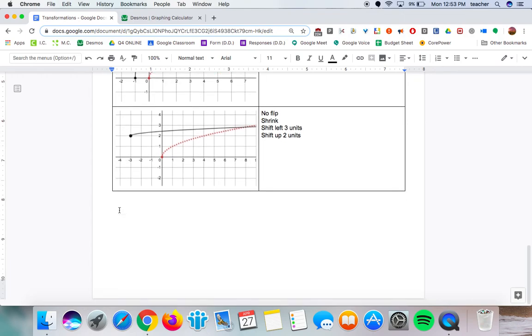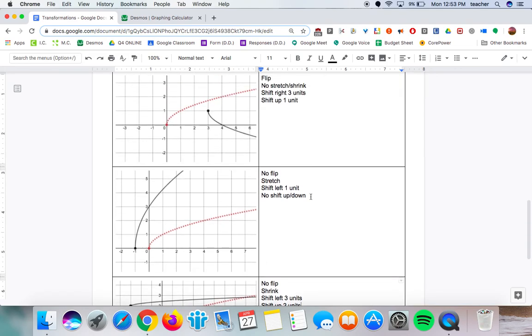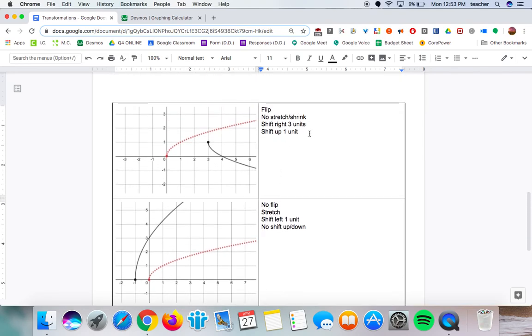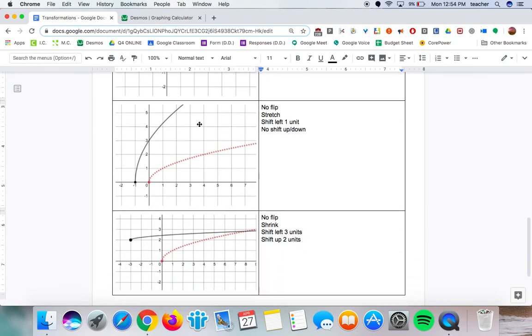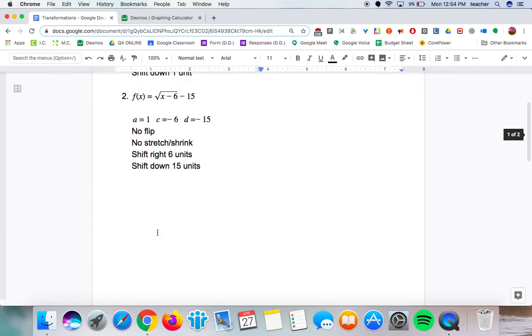And then I might also give them to you backwards. I might give you just this portion right here, and then I'd give you 4 graphs, and I'd ask you, which graph shows a flip, a shift to the right, and a shift up? So those are the types of problems that you'll see on this. You can always start by just writing out what's happening, and then it makes it really easy to match the graph, to pick out which graph you're looking for.